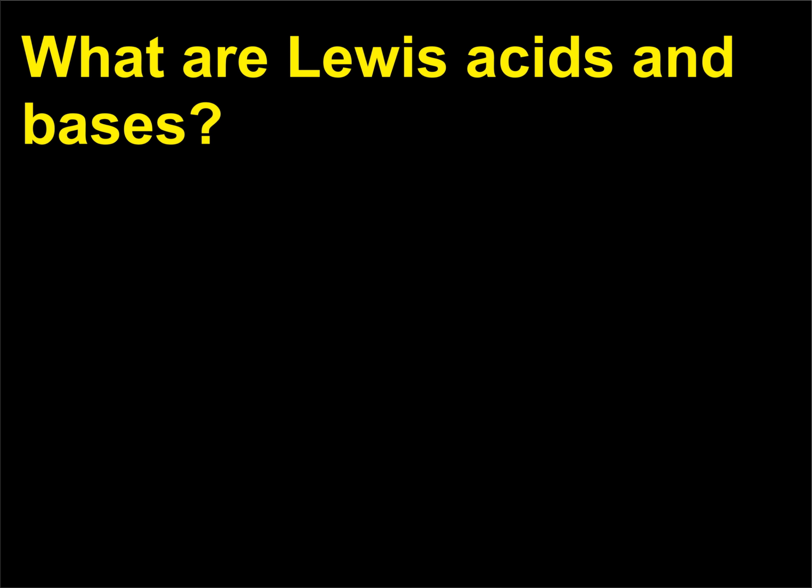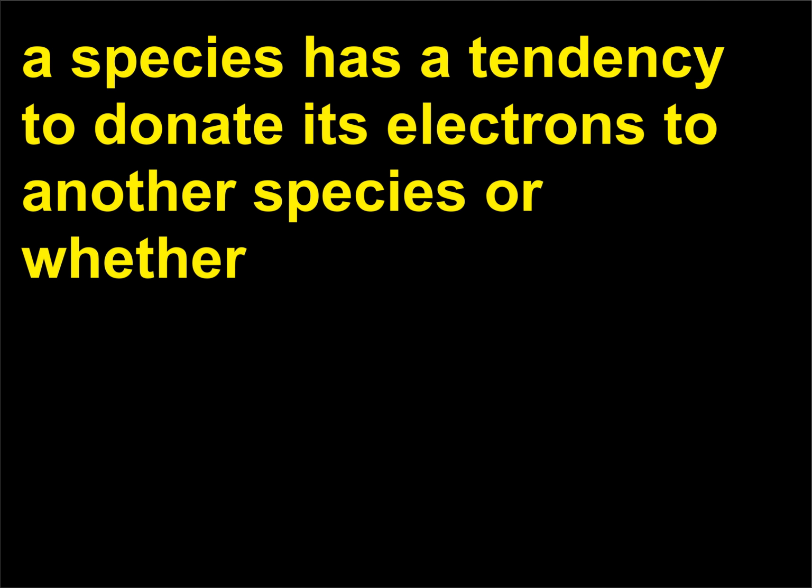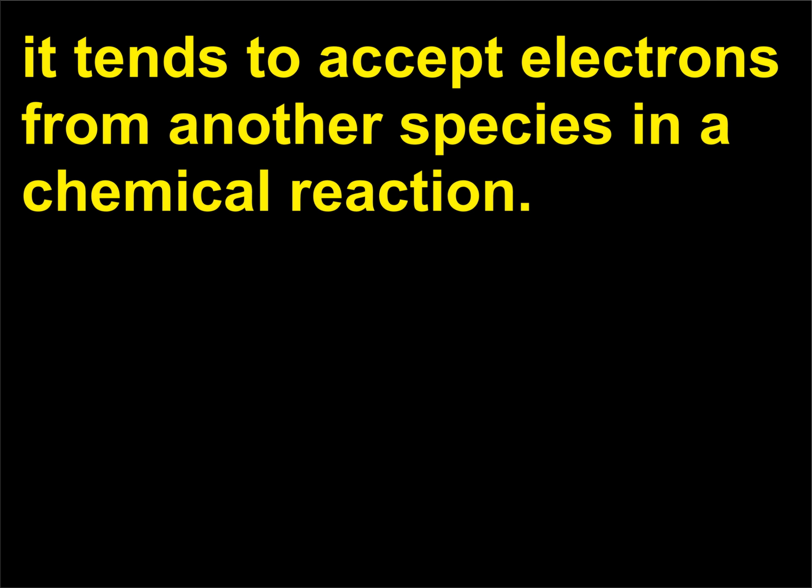What are Lewis acids and bases? The definition of a species as a Lewis acid or a Lewis base is based on whether a species has a tendency to donate its electrons to another species or whether it tends to accept electrons from another species in a chemical reaction.